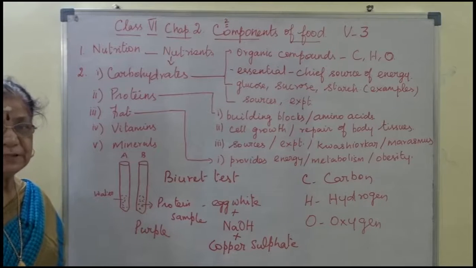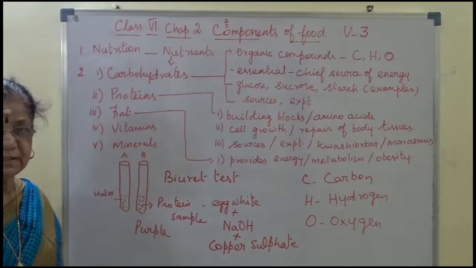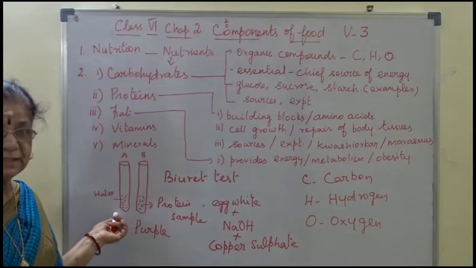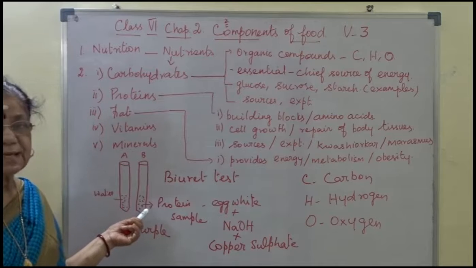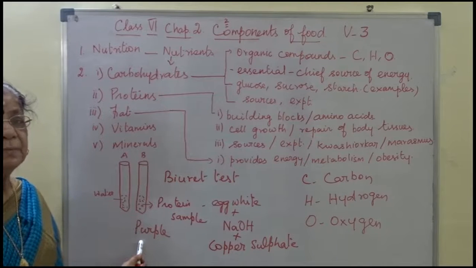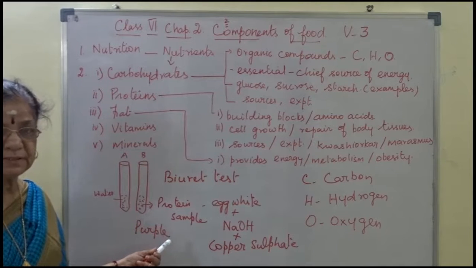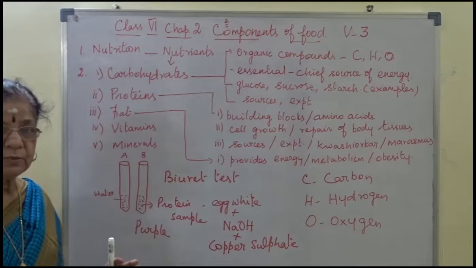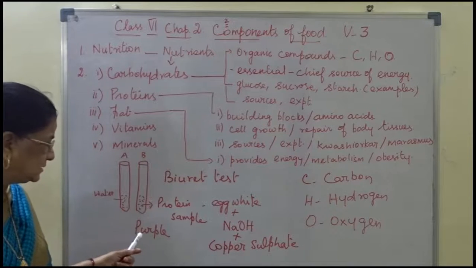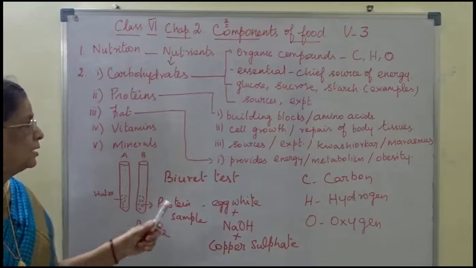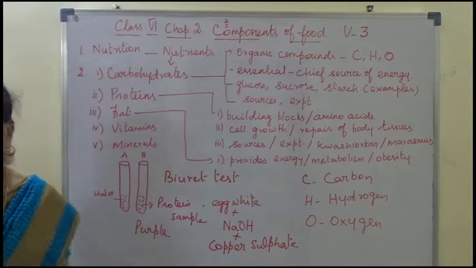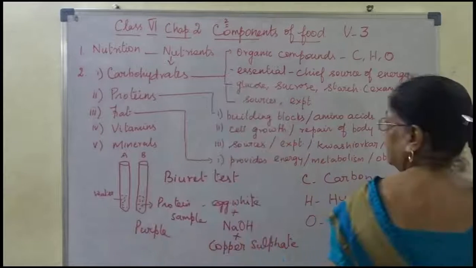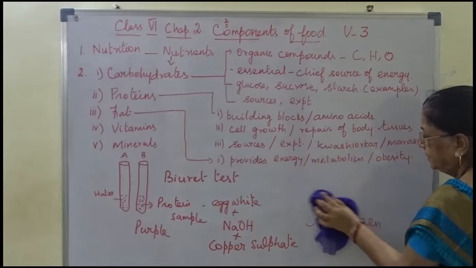Sample B will turn purple color precipitate, showing the presence of protein. I hope you understand. So this is the test for protein. The next one is the food component fat.